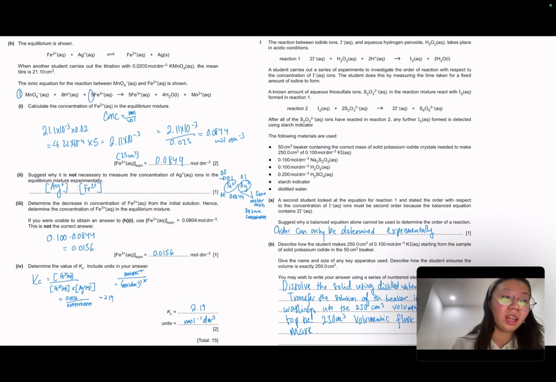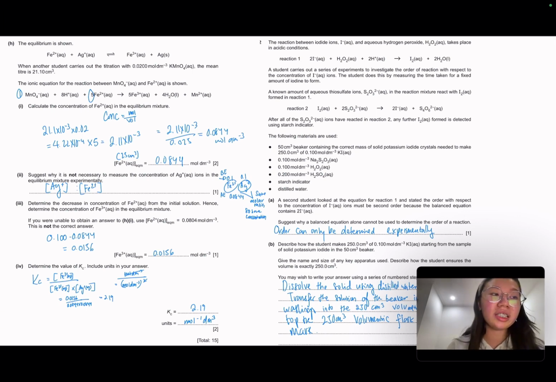Make sure to convert it into dm³ and not leave it in cm³. So you times it by the concentration and you have the value of the mole, which is 4.22 times 10 to the power of negative 4. And as you can see, the molar ratio is 5:1, so you times it by 5. That way you have the amount of mole for your Fe2+.